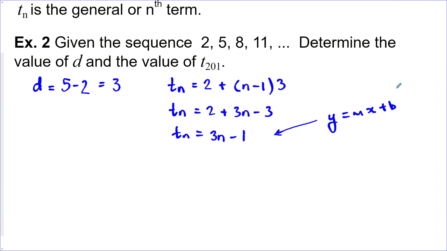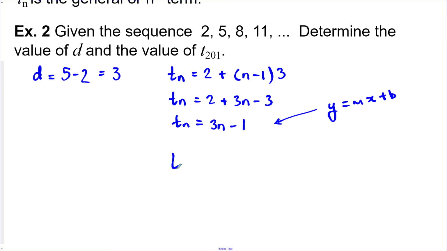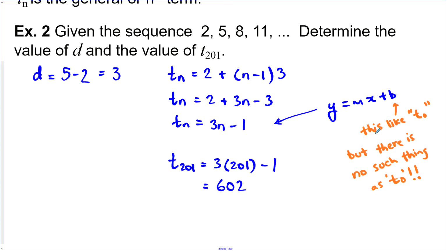Let's find T201. So T201 is equal to 3 times 201 minus 1. And multiply out this, subtract that, and we get 602 is the 201st term. Now if you think about these as linear, then the b would be like your y-intercept, and that's kind of like t0.